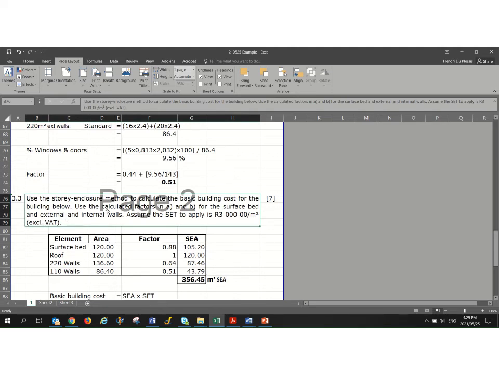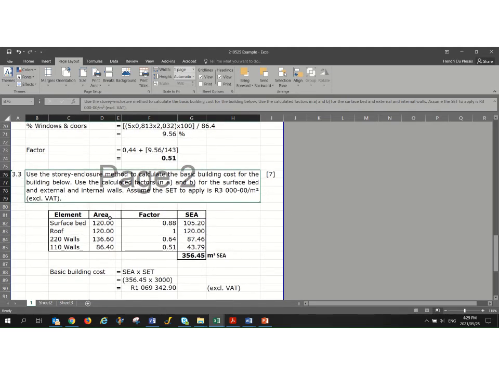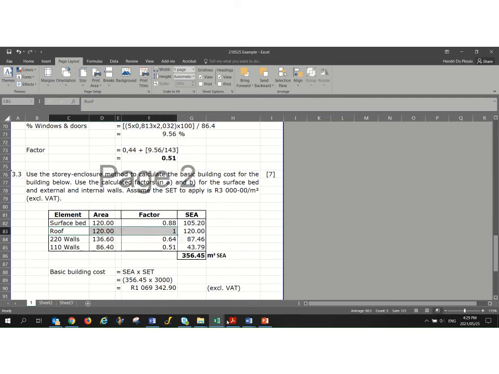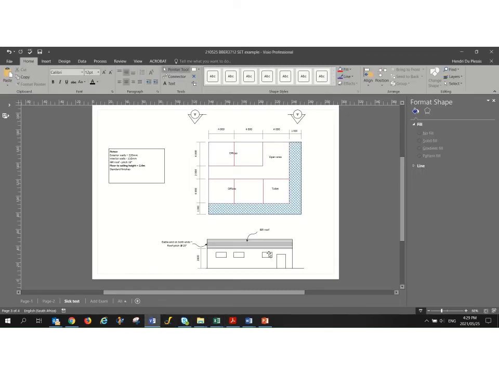Okay, so then you just go ahead and you calculate what your surface bed area is, your roof area. We've already calculated our wall area, our internal wall area, and then we just apply our factors. Just remember, with our roofs, it's an IBR roof according to the drawing, so we know it's a standard roof.